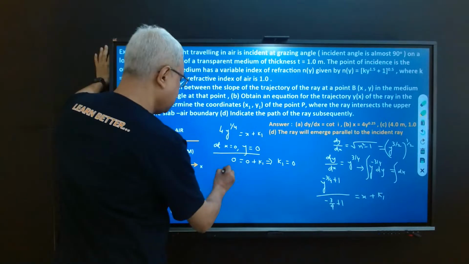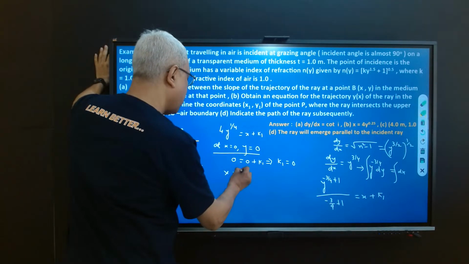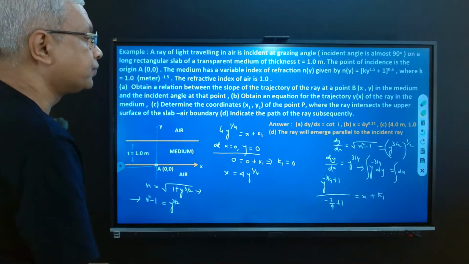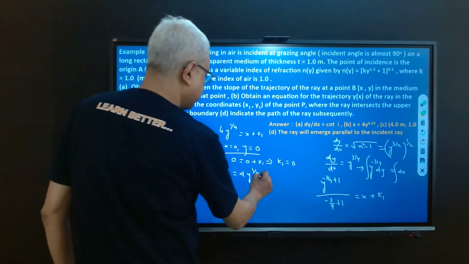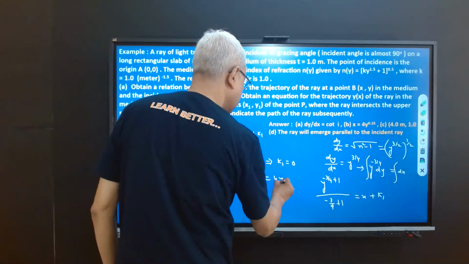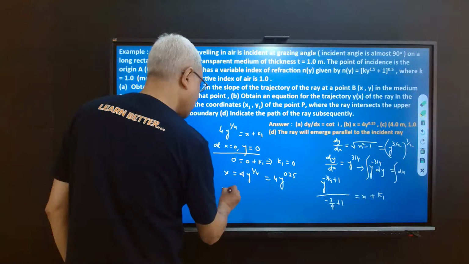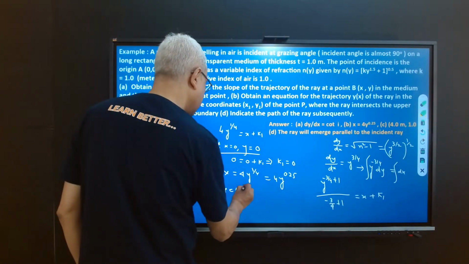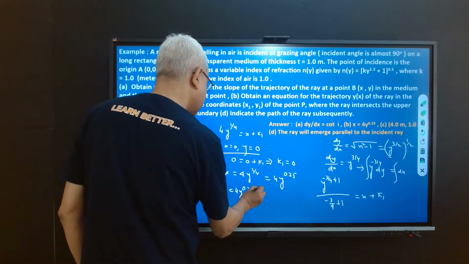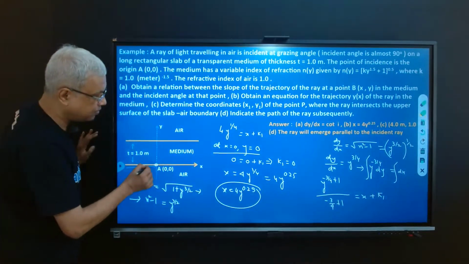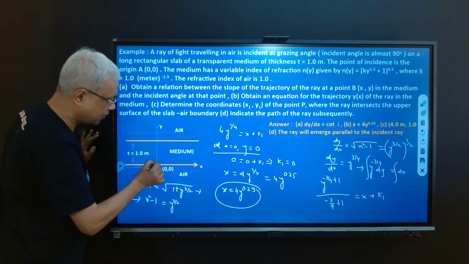So the expression becomes x equal to 4 y to the power 1 by 4. Okay, so that means 4 y to the power 0.25. So x equal to 4 y to the power 0.25 is the equation of the trajectory of the light beam inside the medium.